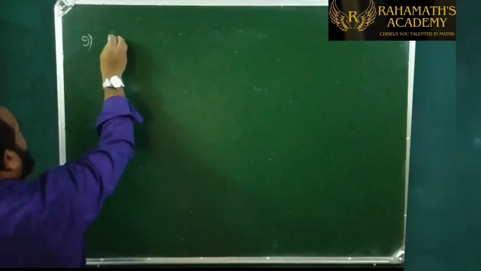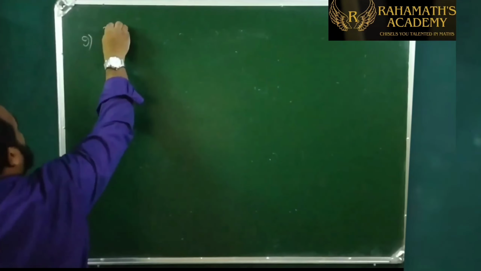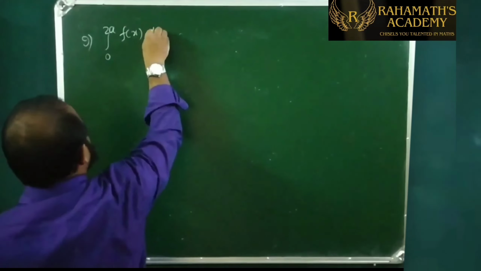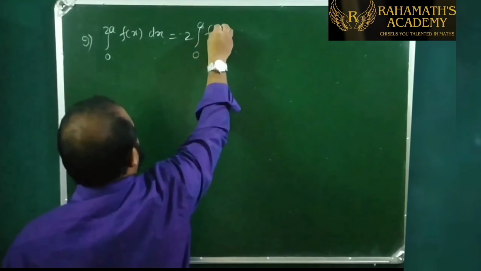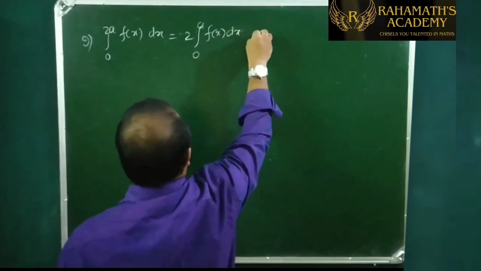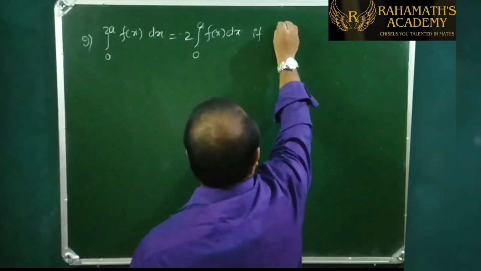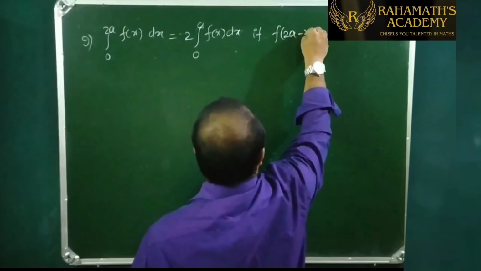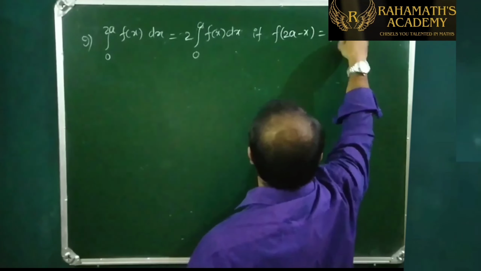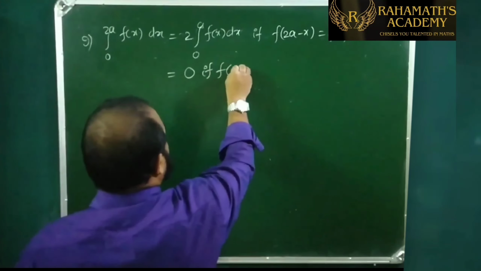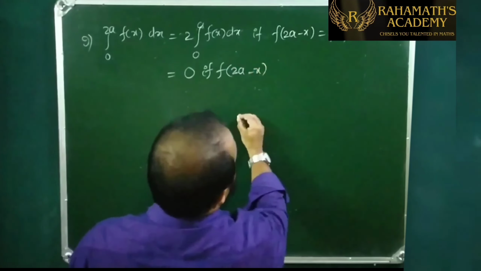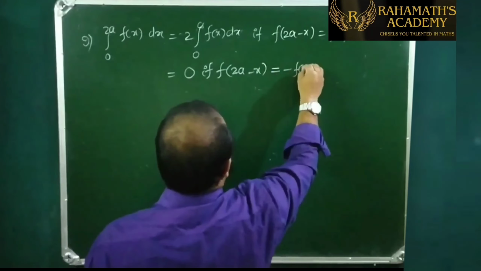Ninth one, 0 to 2a f of x dx is equals to 2 integral 0 to a f of x dx if f of 2a minus x is equals to f of x. This is equal to 0 if f of 2a minus x is equals to minus f of x.